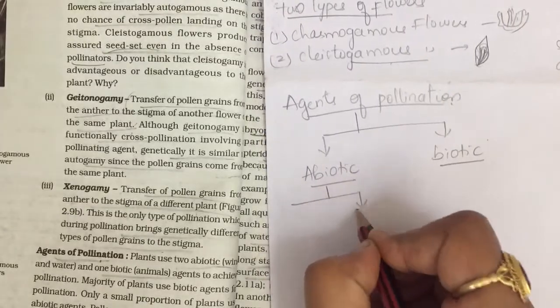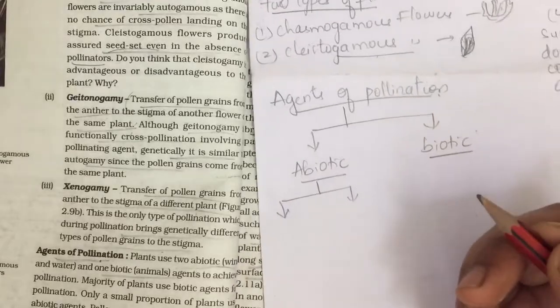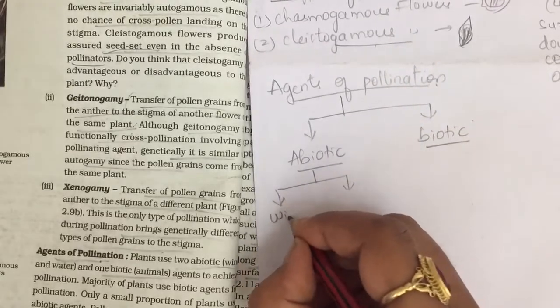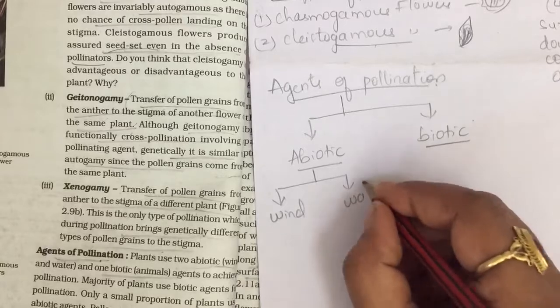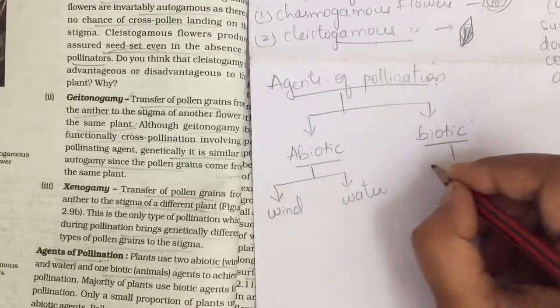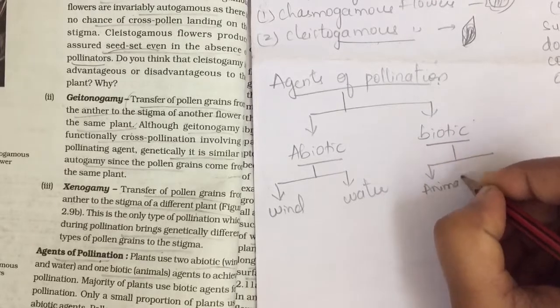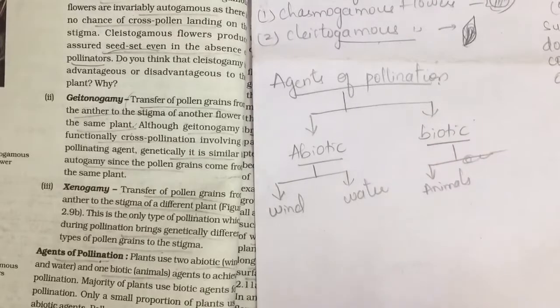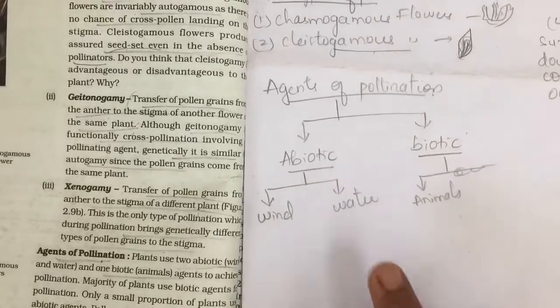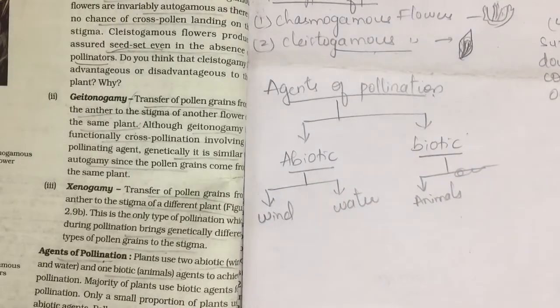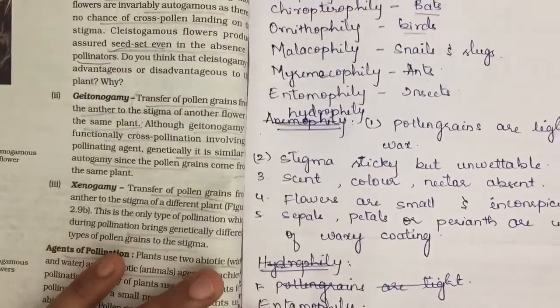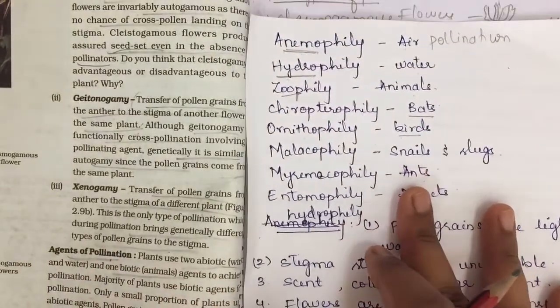In abiotic, the pollinating agents used are wind and water, whereas biotic agents are animals, only animals. Okay, so in this I have given a list of these organisms, something like this you'll find.